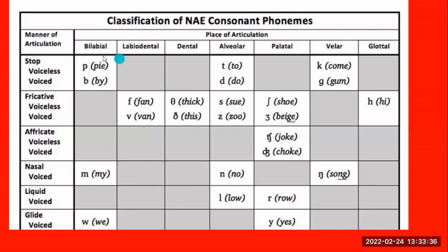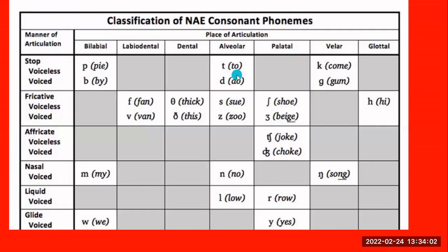Now, let's take these sounds one by one. The stop, or what is called the plosive sound. Apart from the bilabial plosives or the bilabial stops, you have also the alveolar.